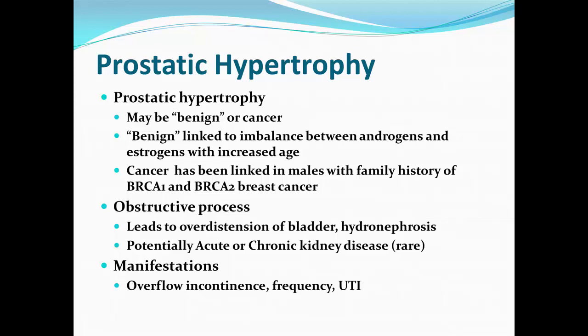If this happens quickly, this would be a post-renal acute kidney injury, because this is going to increase pressure in Bowman space, and as a result, this nephrosis is going to cause an AKI. This potentially can cause an acute kidney injury, but rarely causes chronic kidney disease.